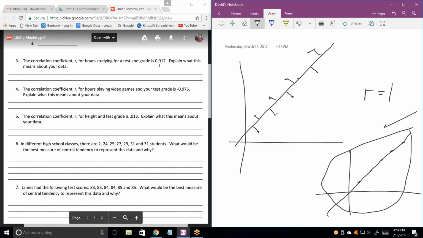Now, this is a pretty high correlation coefficient, number 3. It's 0.912. That's pretty good. That's not quite the lower right, but it's probably better than the upper left. In other words, maybe it's something where if I drew a line, my dots might be like this.